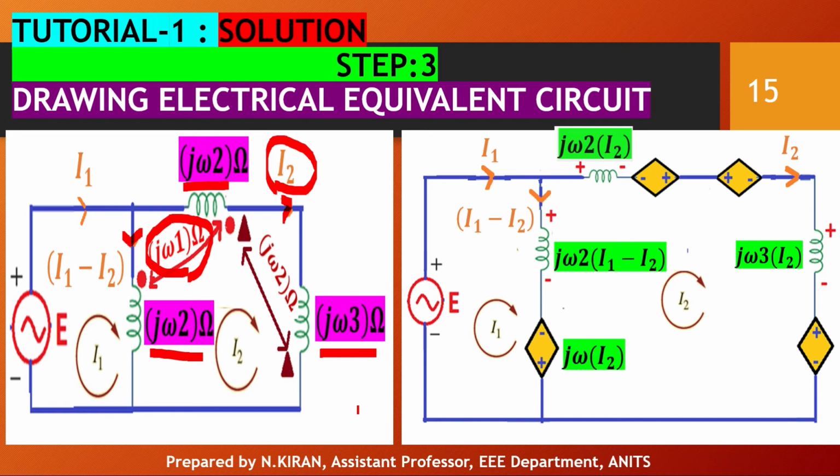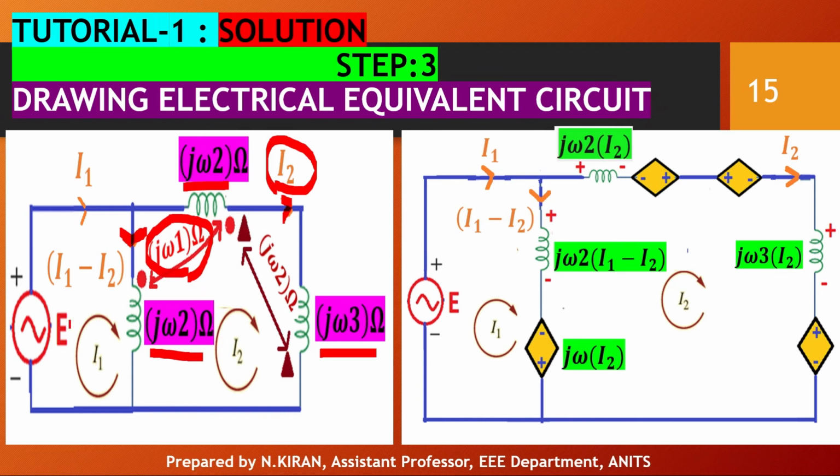Similarly, the second coil is magnetically coupled with the first coil as well as the third coil. So the mutually induced EMF in the second coil will be due to the first coil as well as the third coil. First, considering the first coil, the current flowing in it is I1 minus I2, and the mutual inductance between the first coil and the second coil is j omega 1.